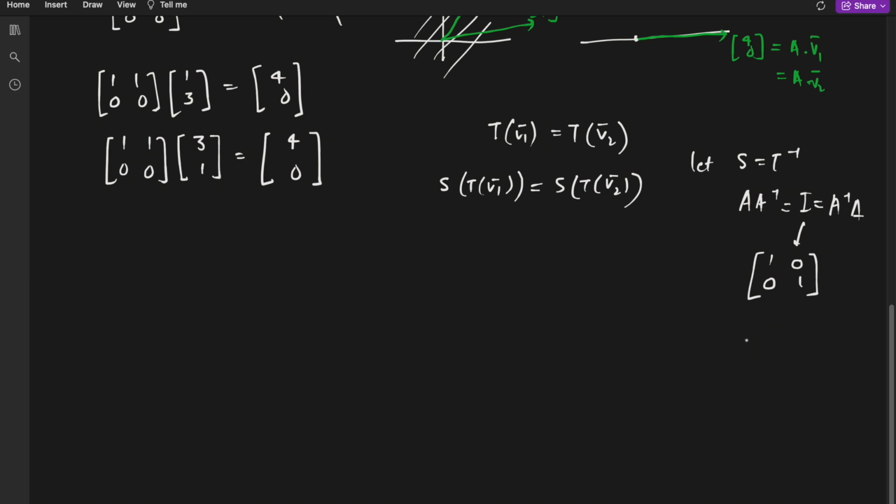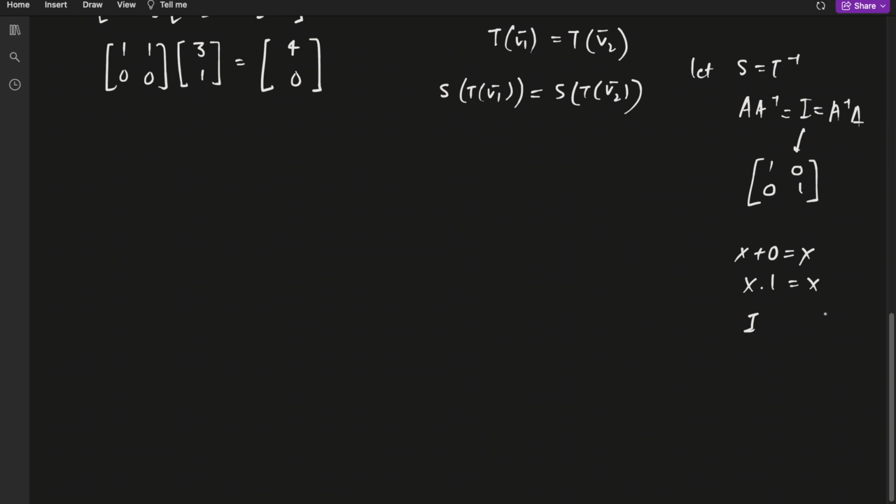What is the additive identity? You take any number x, you add 0, you get the same number x. So it is doing nothing. Similarly, 1 is the multiplicative identity because if you multiply 1 with any number, you get the same number. Similarly, I is the identity matrix. If you multiply I with any matrix A, you will get the same matrix, right?